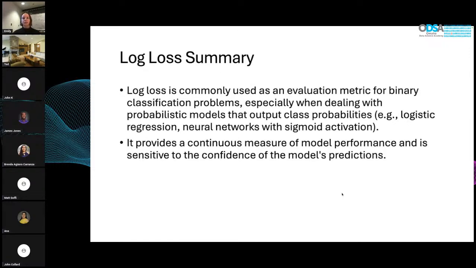So in summary, log loss is commonly used as an evaluation metric for binary classification problems. The difference here is that this is the first metric we're talking about that uses the probabilistic output of the model. So what is the probability that the model output this prediction?